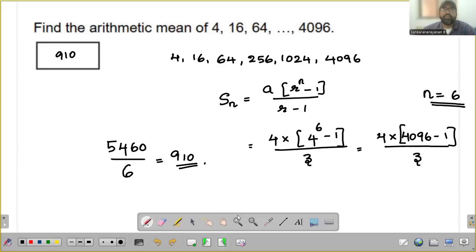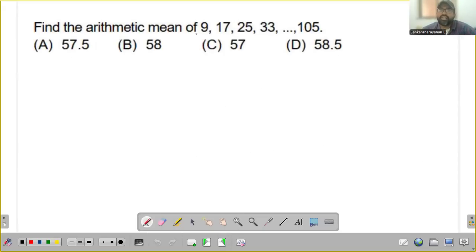Let's move on to the third one. You're asked to find the arithmetic mean of 9, 17, 25, 33, etc. And the last number is 105.